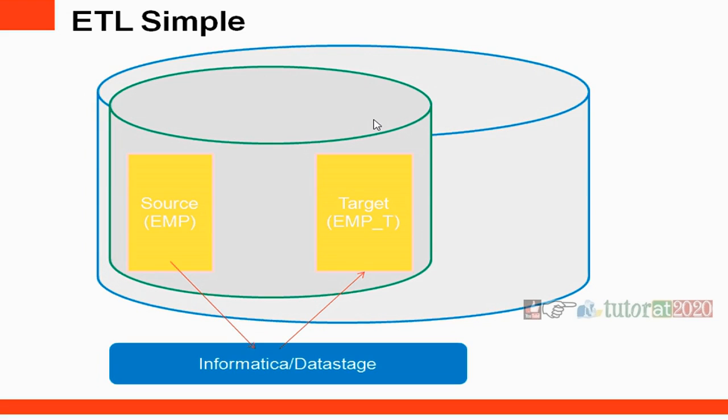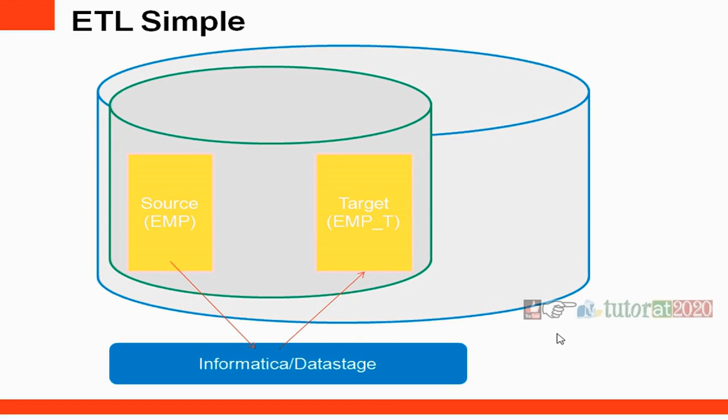You can have a number of schemas; a schema is nothing but a user in a database. I have two tables in one schema, an employee table and a target table, employee. I want to develop logic to read data from this particular table and load into this particular table.